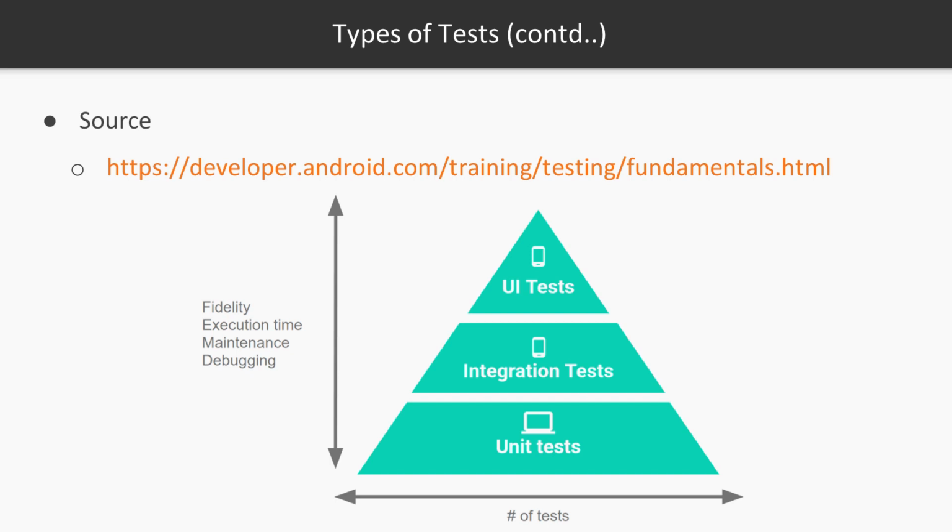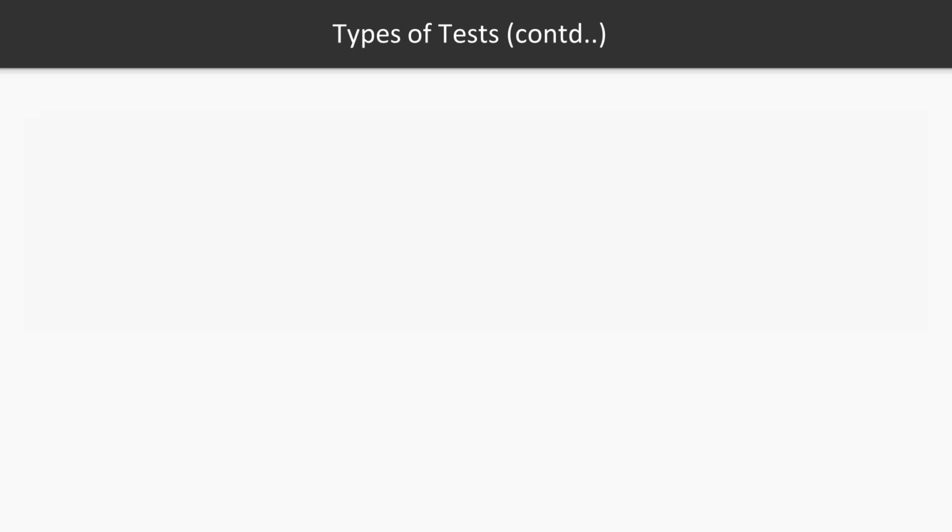In the end, different types of tests will allow you to test the system from top to bottom, ensuring that all of this code base is still working as you intended, and ensuring that you won't spend too much time maintaining those tests.